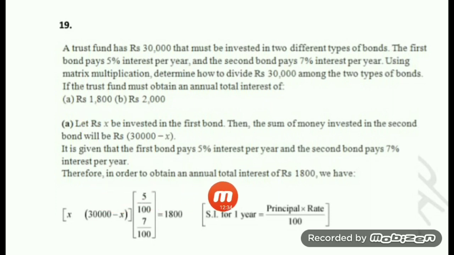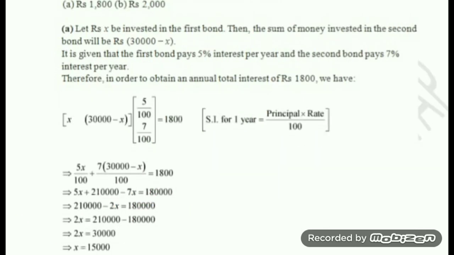The total obtained interest is rupees 1,800. That means one part of investment is x, and the other part is 30,000 minus x, and their corresponding interests are 5 by 100 and 7 by 100. Now this must be equal to 1,800. It is given.